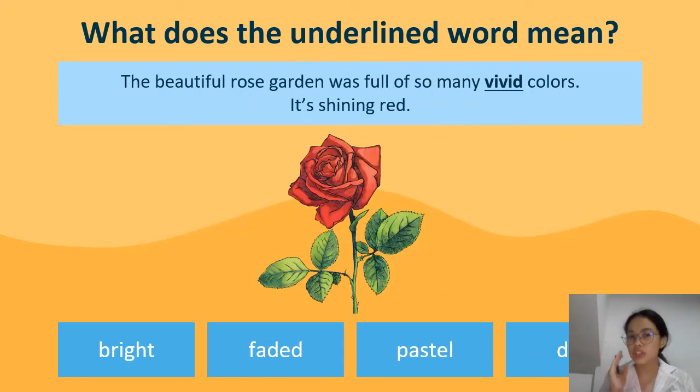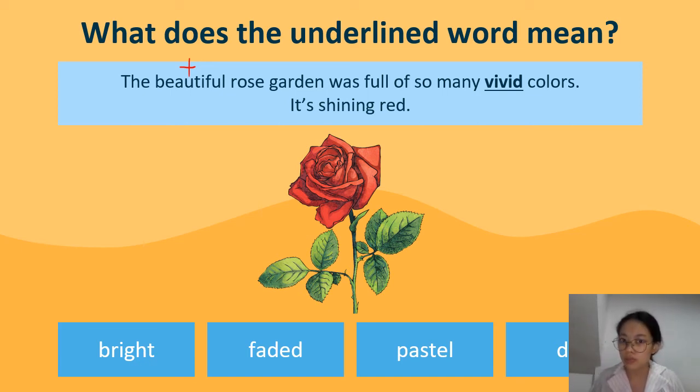Oh, when we come to the beautiful flower, the beautiful rose garden, remember, positive or negative? Beautiful. Oh, I am beautiful. So it will be positive. Okay. The rose garden was full of many vivid colors. Vivid? What is vivid? It's shining red.